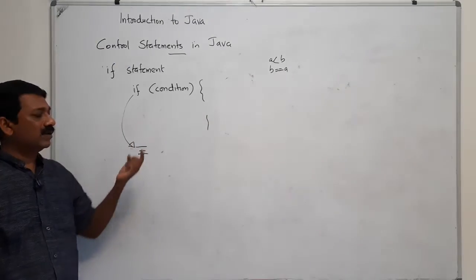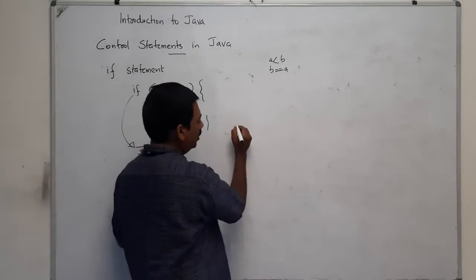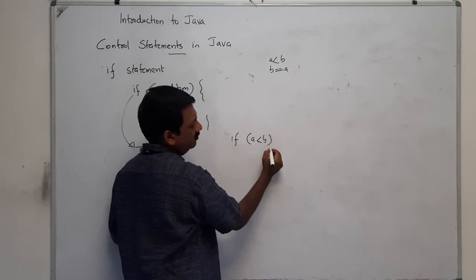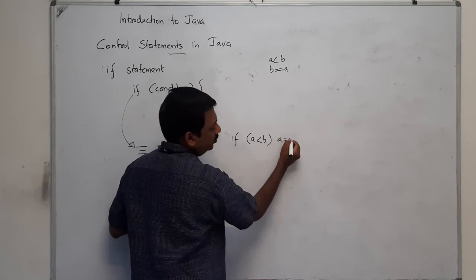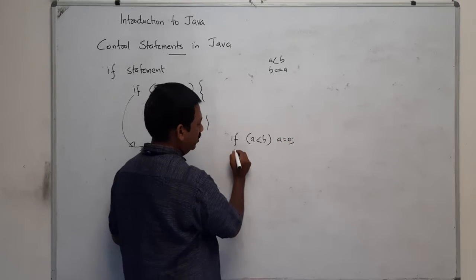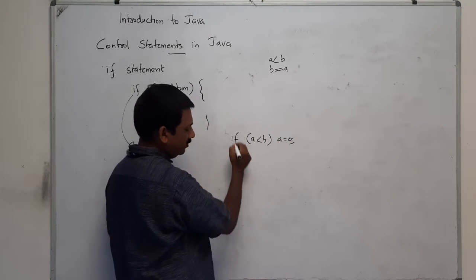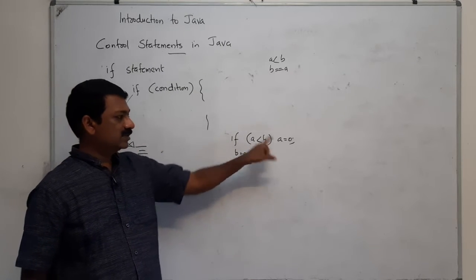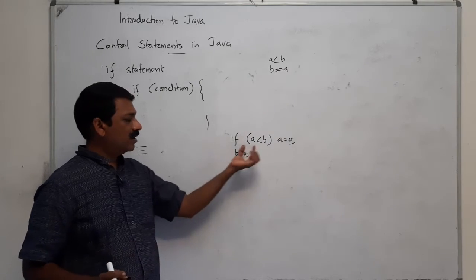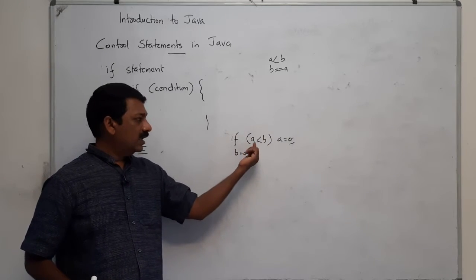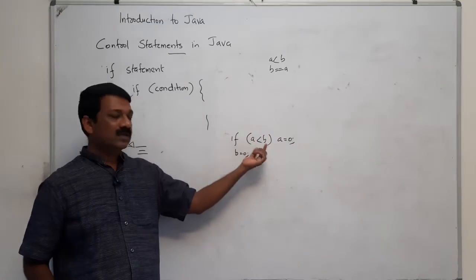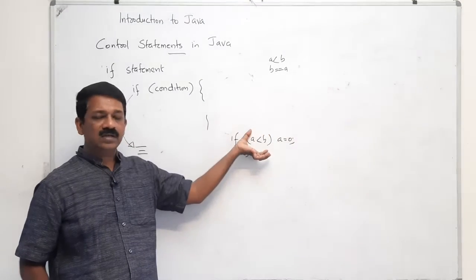That is the if statement. For example, you can have a statement like: if a less than b, a equal to 0, and then b equal to 0 is the statement after this if statement. Here a less than b is evaluated. If a is less than b, then this is true, otherwise it is false.